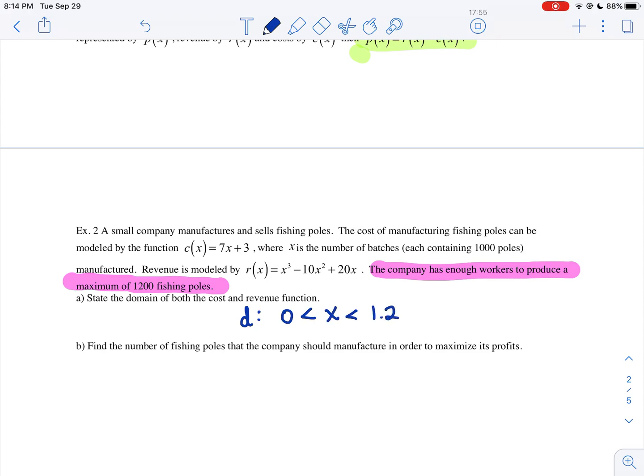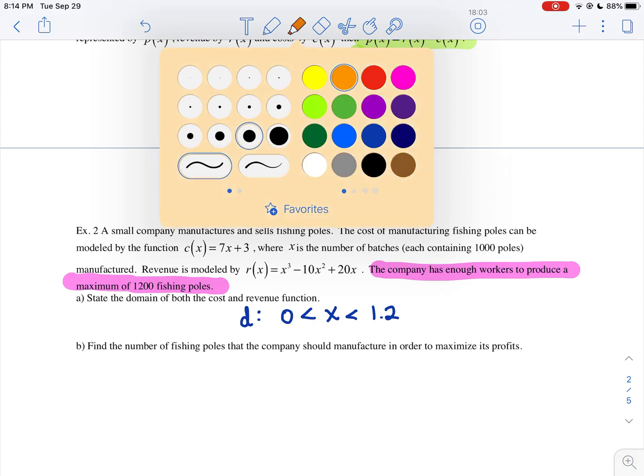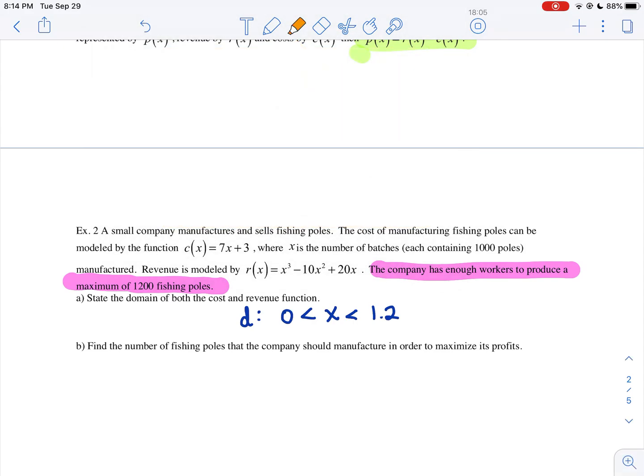Now, I'm going to put less than 1.2. Why did I put 1.2 instead of 1,200? Well, x is the number of batches that each have 1,000. So 1,200 would be 1.2. Okay, so that's why I did that.